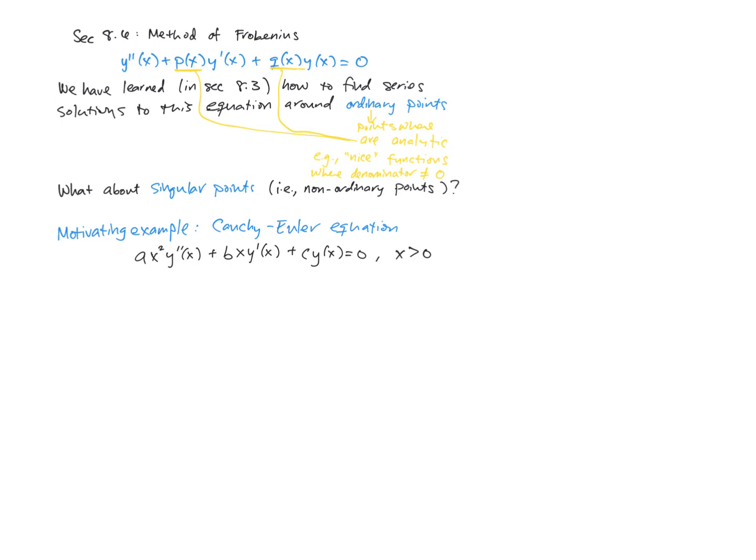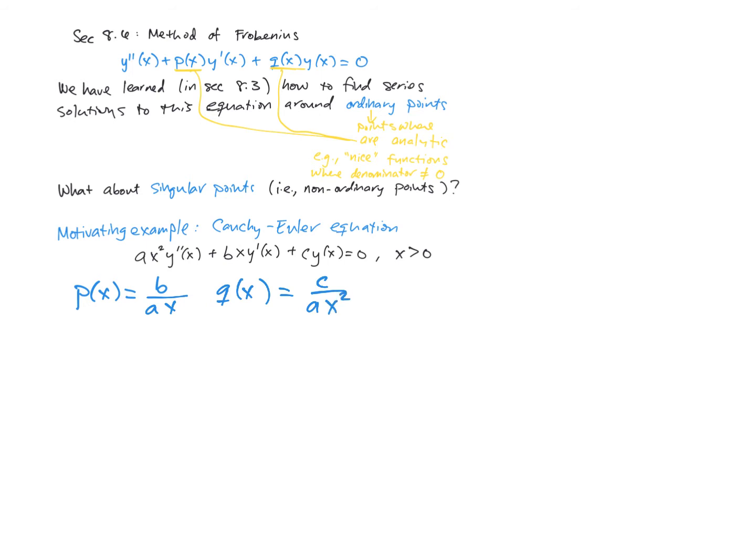So in this case, our p of x is equal to b over ax, because we have to divide by ax squared. And our q of x will equal the thing in front of the y, so we get c over ax squared.